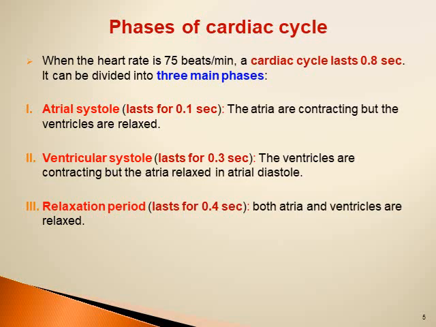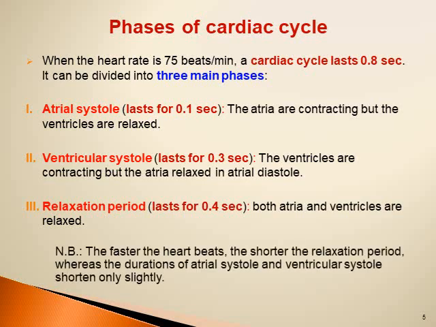If we add 0.1 to 0.3 to 0.4, which are the durations of the different phases, we get the total of 0.8 seconds, which is the duration of one cardiac cycle. The faster the heart beats, the shorter the relaxation period, whereas the durations of atrial systole and ventricular systole shorten only slightly.